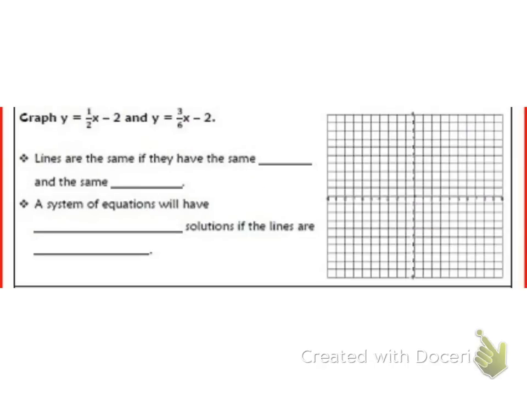So next we're going to be graphing y equals 1/2 x minus 2 and y equals 3/6 x minus 2. So we're going to start at that y-intercept of -2, and we're going to go up 1 over 2. And I drew several points in this time.